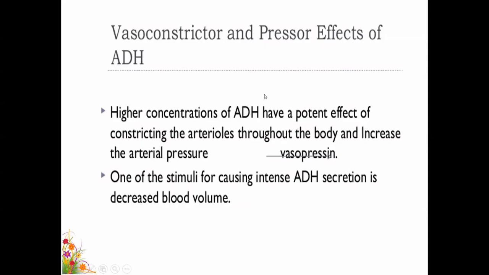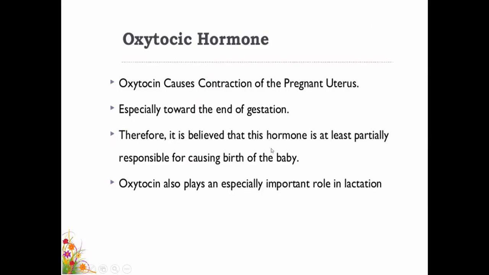This high concentration of ADH also constricts the arterioles throughout the body, and it will also increase the arterial pressure. One of the stimuli causing intense ADH secretion is also a decrease in blood volume.